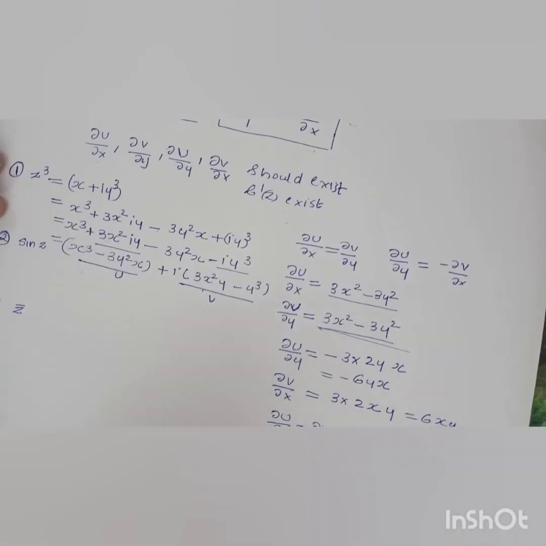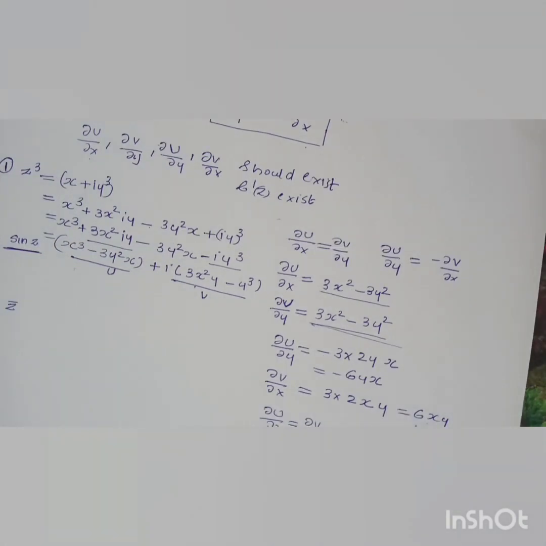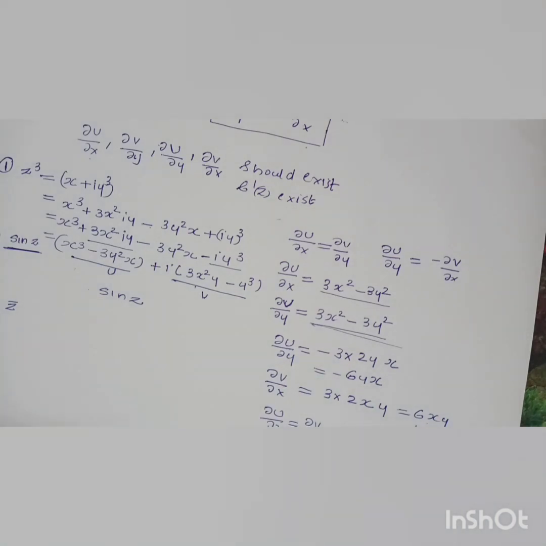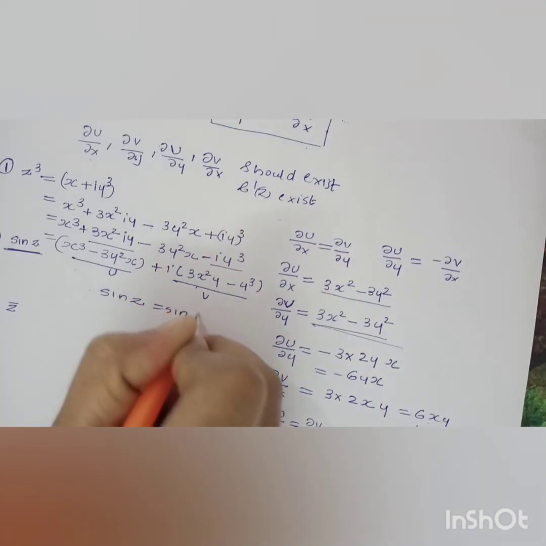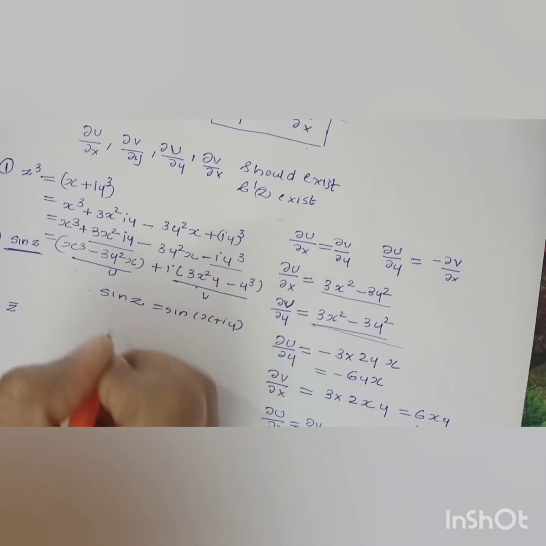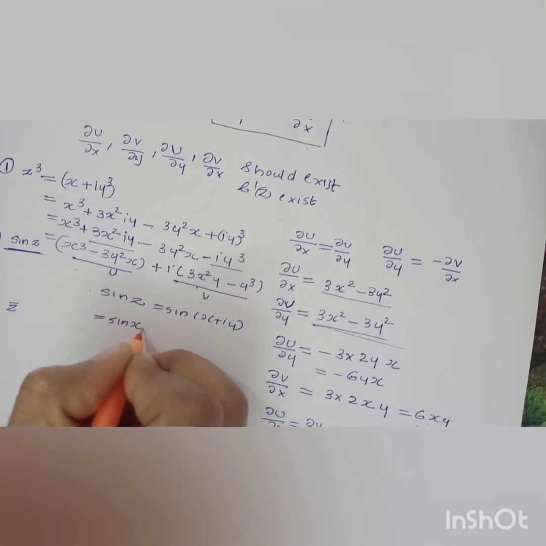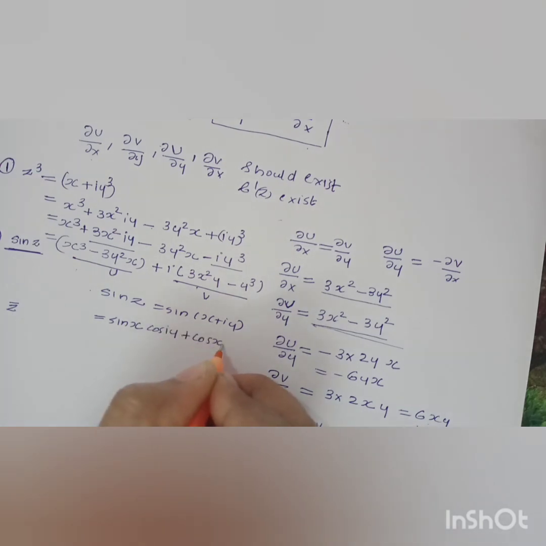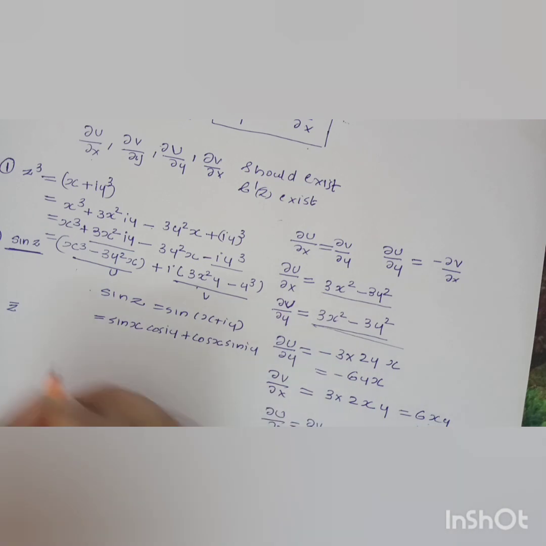Next we have to solve sin z. Okay, sin z is the function. So sin z is equal to sin of x plus iy. Sin(a plus b) is equal to sin a cos b plus cos a sin b, so sin x cos iy plus cos x sin iy.